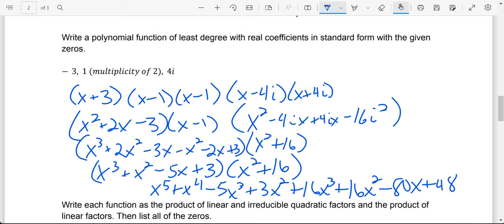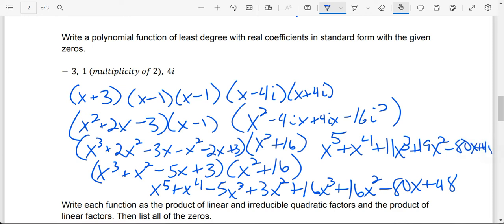Like terms, and that's going to get you x to the fifth plus x to the fourth. The cubes match up, so we get 11x cubed. And then the squareds match up, so it'll be 19x squared minus 80x plus 48.